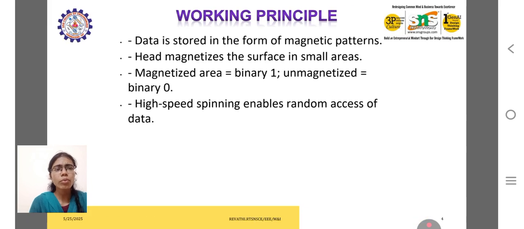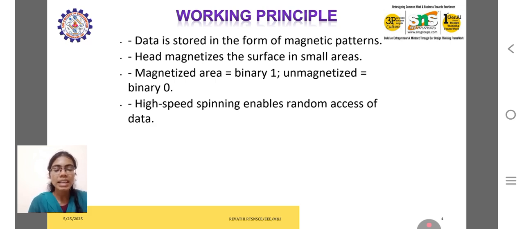So the working principle is, in computers we are using a binary language, which is zeros and ones. In magnetic tape and also magnetic disk, we follow the magnetic pattern. So it consists of magnetic patterns, which are used for read write access. If you are reading a memory, it is in a magnetic pattern, and then it is stored in another pattern.